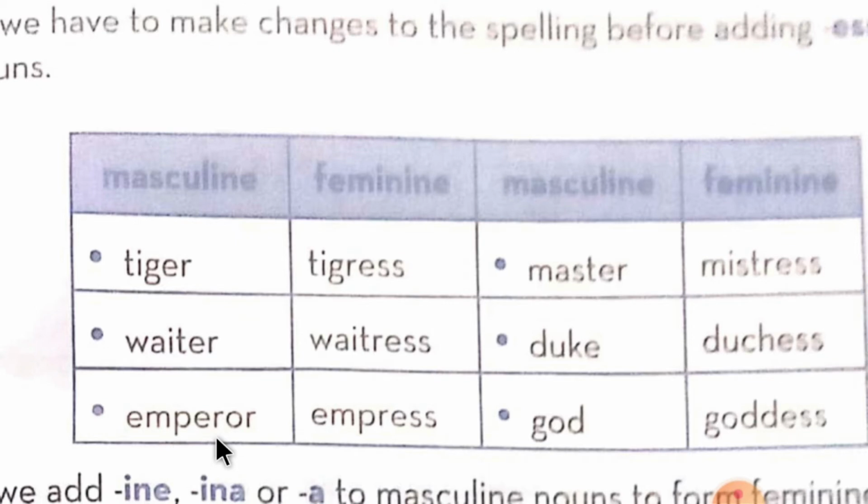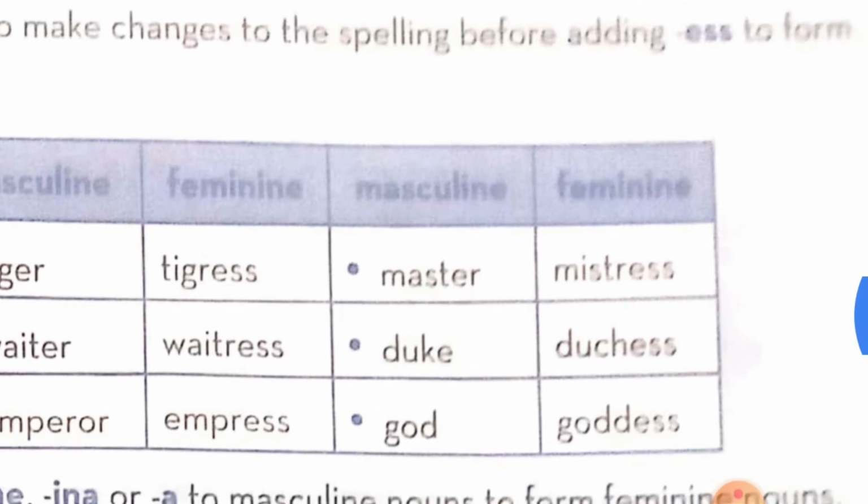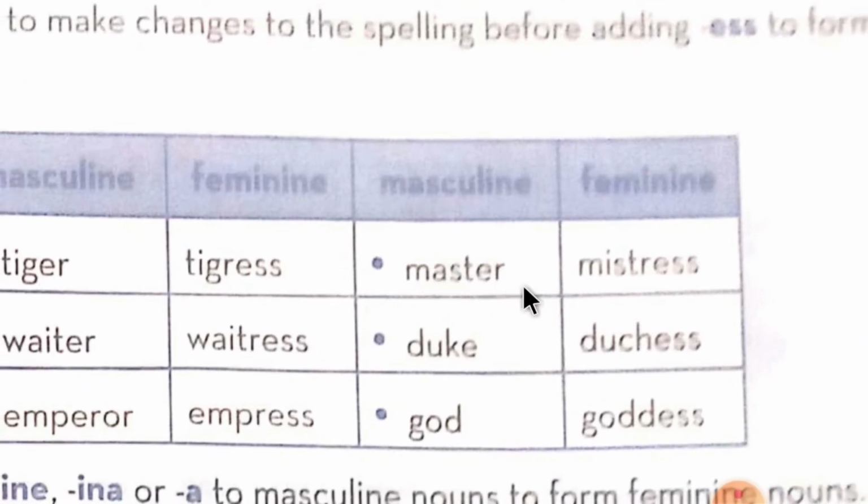Then emperor, EMPEROR. Here EMPRESS, that is empress. Okay, so all these are masculine gender and all these are feminine gender. Now look at the another word, master, MASTER. Here what is the feminine gender? MISTRESS.